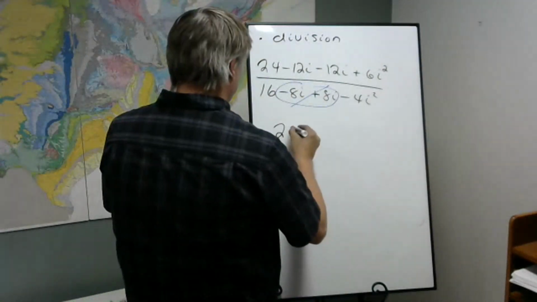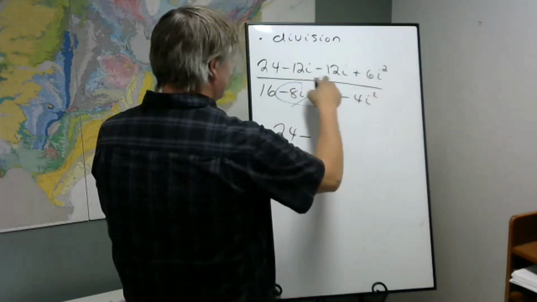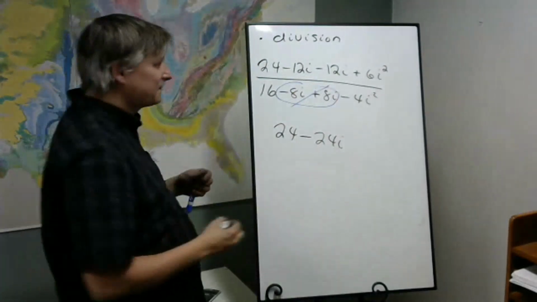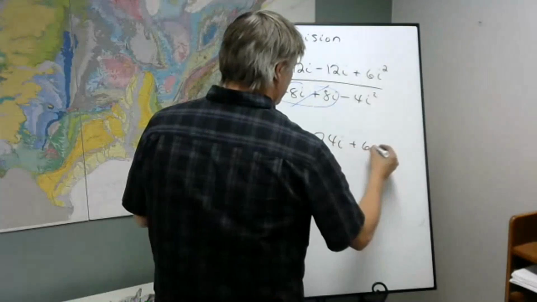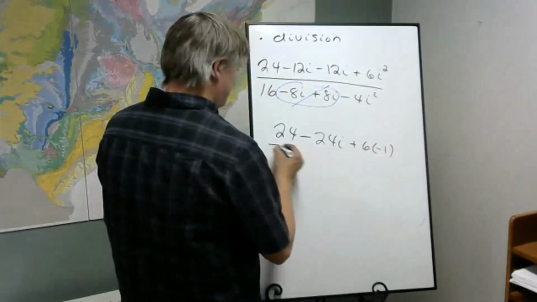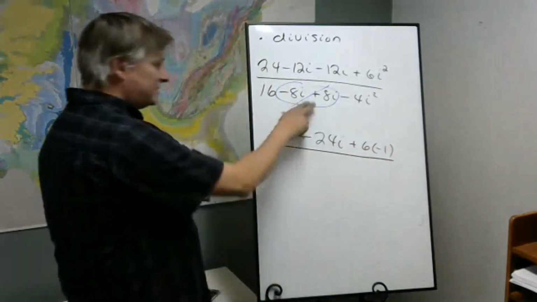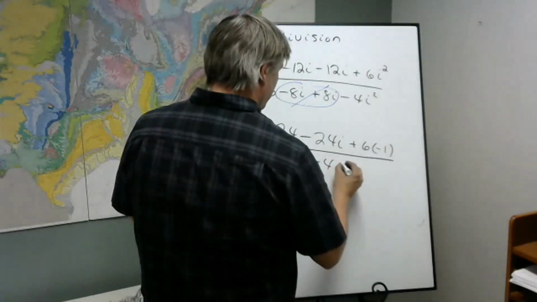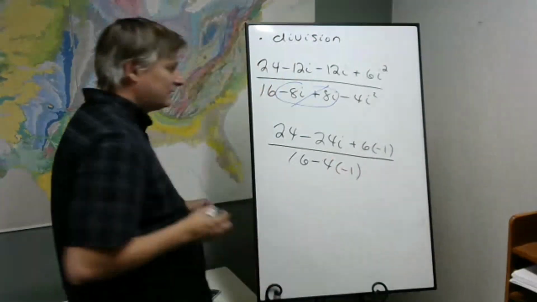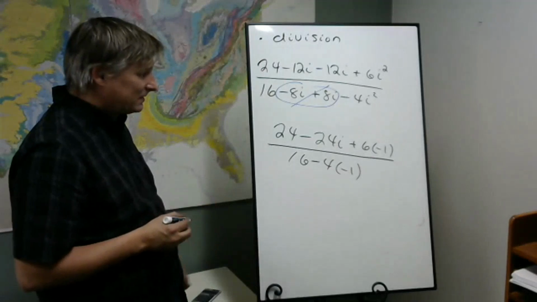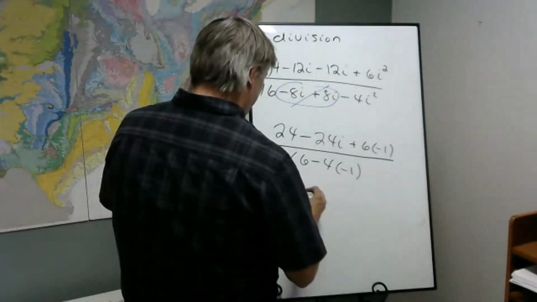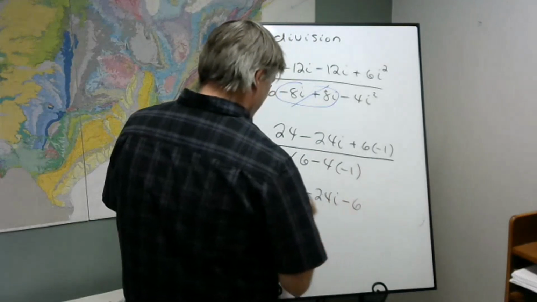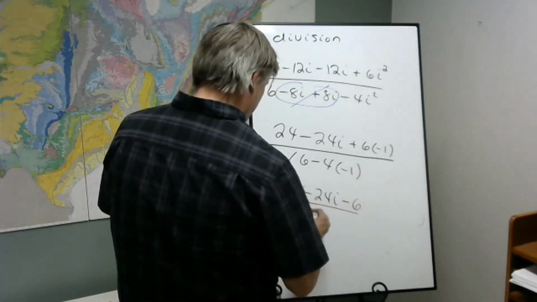So we get 24 minus 24i, and find some like terms there, plus 6 times negative 1. Now these cancel, so we have 16 minus 4 times negative 1. So we get 24 minus 24i minus 6 over 16.